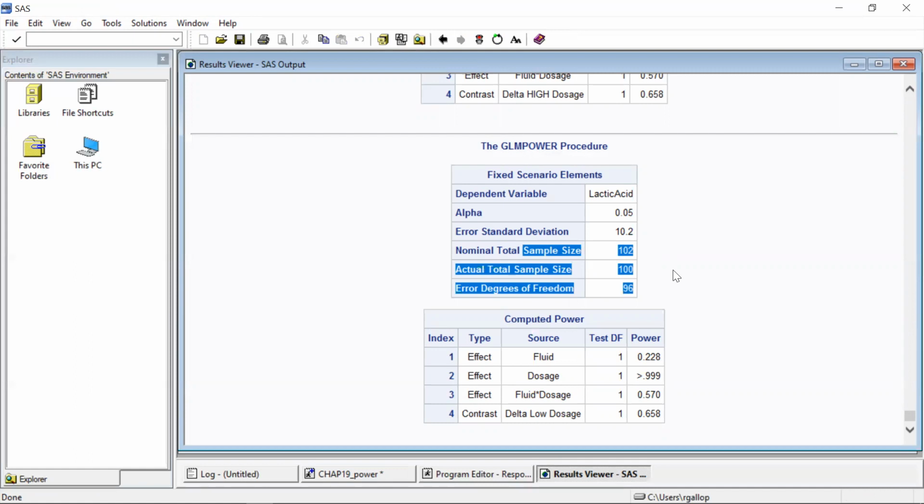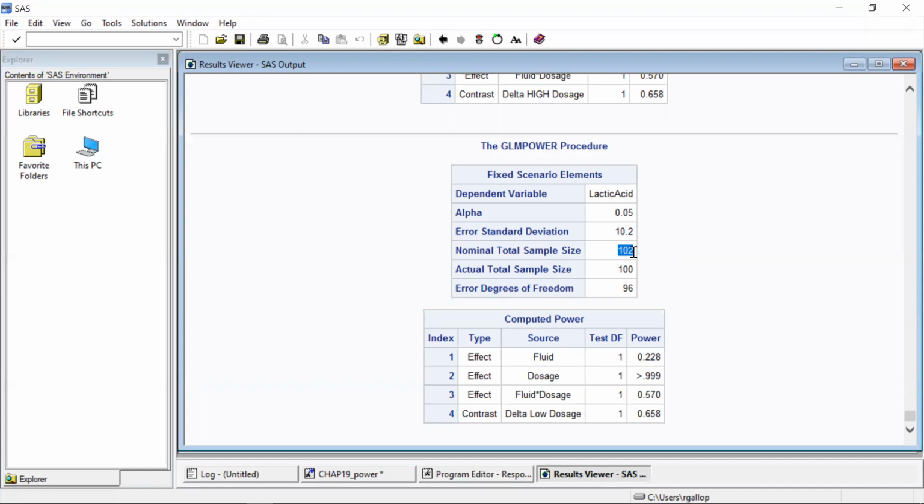The reason I can't use a sample size of 102 is that I have 4 cells, so my sample size needs to be divisible by 4. You might say, well, why did SAS drop down to 100 instead of going up to 104? Well, when we say 102, we're telling SAS that is the most sample size I can get.